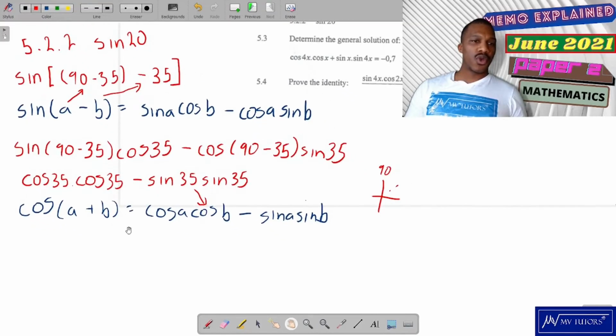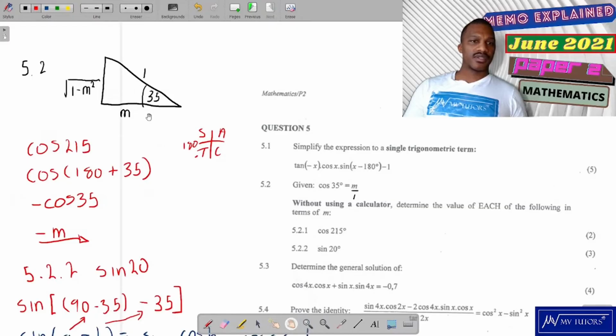So we already know that cos 35 is equal to m, times, so I'm just taking it from here. And then cos 35 is m again, minus sine 35. If you look at our triangle here, it's the square root of 1 minus m squared.